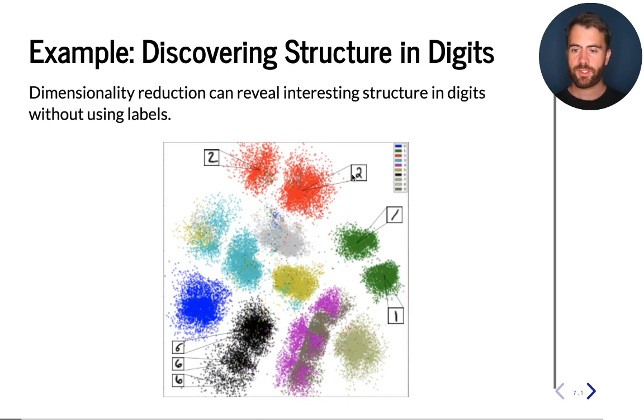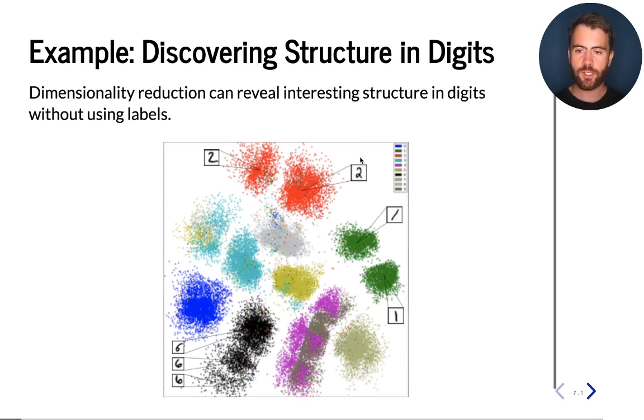So they're 784 dimensional vectors. And using a dimensionality reduction algorithm, here it's a nonlinear algorithm that is based on neural networks, we can take this input and transform it into a two-dimensional data set.